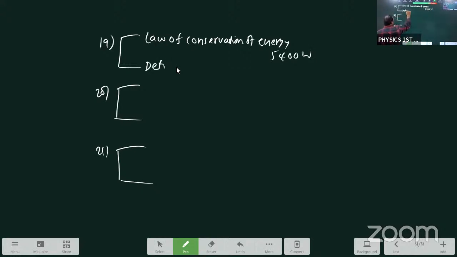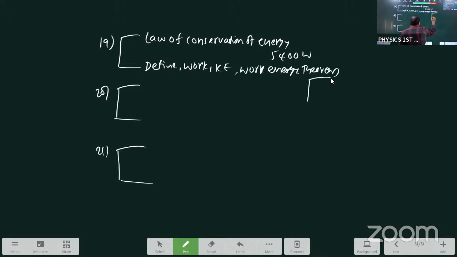Define work, kinetic energy, work energy theorem. For this question you are doing 2 problems, 2 problems on power of a motor. One is 15,000 watts, 15 kilowatts. Next one, 170 HP. Otherwise 166, no problem.